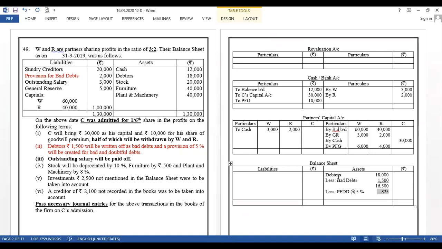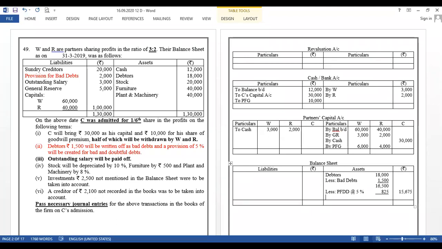So let us deduct this 825 from 16,500, and the net amount over here now is 15,675. So, debtors 18,000, bad debts 1,500. As per the second adjustment, 1,500 will be written off as bad debts, and a provision of 5% will be created. That is what we are done with.